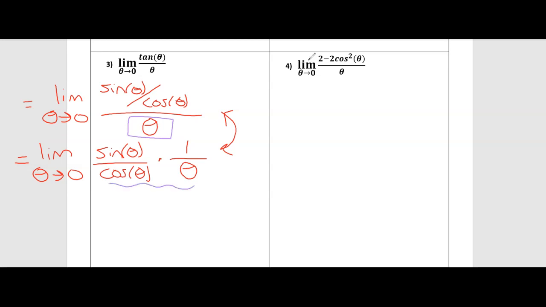So this still may not be clear as to what we need to do. Remember, we are trying to get this limit to look like one of the 3 above. I think we can safely roll out the 1 minus cosine of theta all over theta because there's no subtraction going on here, which means we are left with 2 limits to look at.